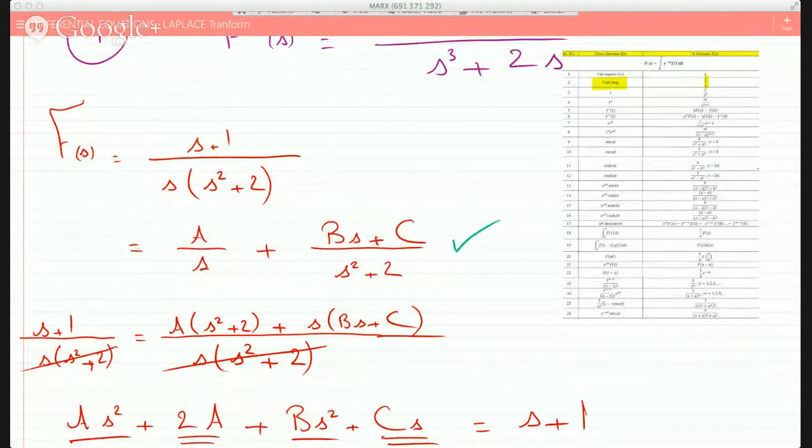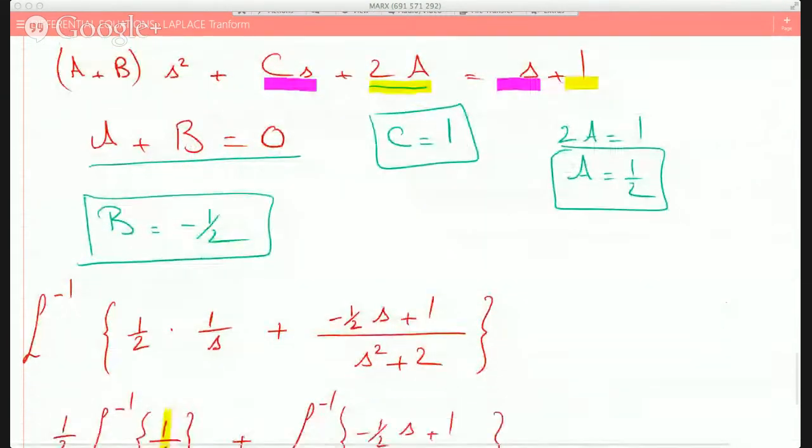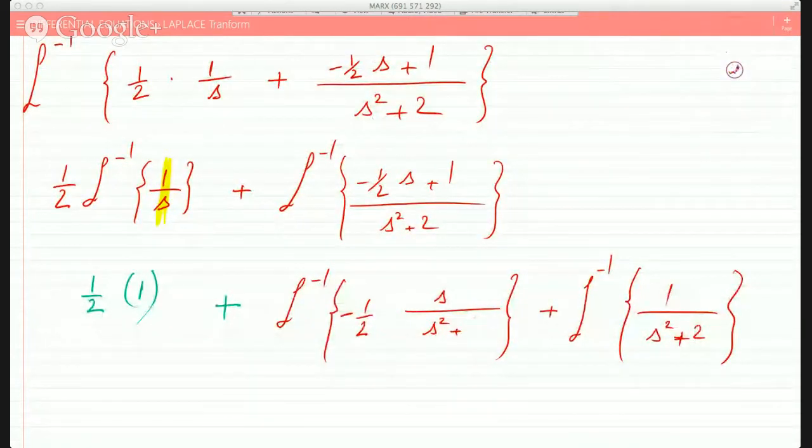So this is number 10, s over s squared plus a squared. Because I could rewrite this s squared plus 2 as s squared plus root 2 squared, because root 2 squared is 2.